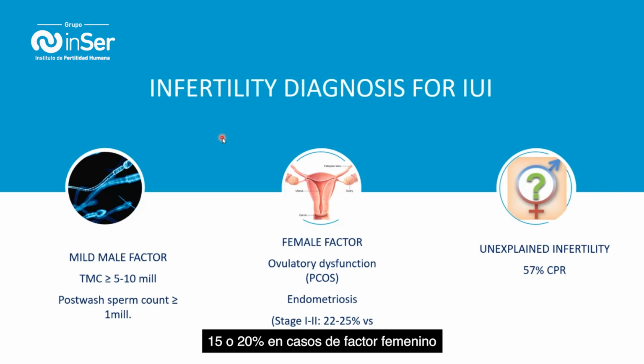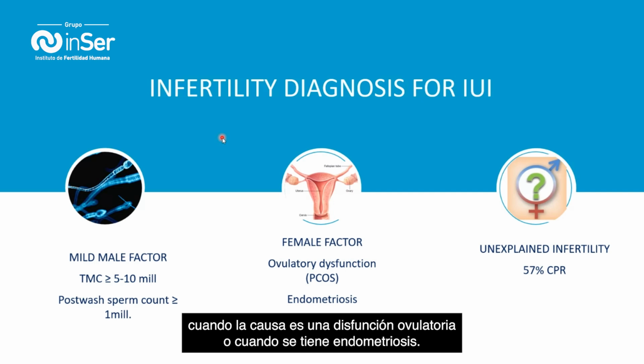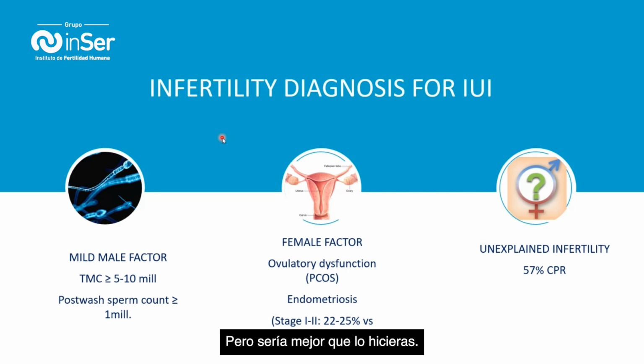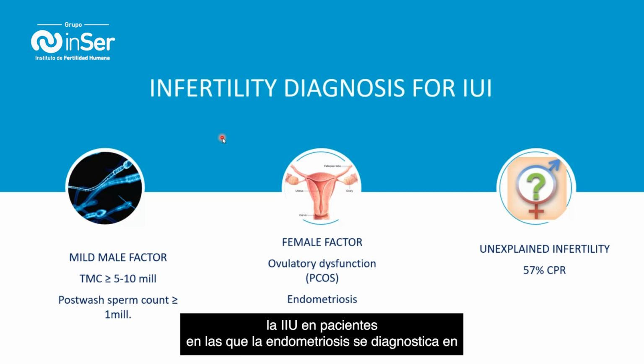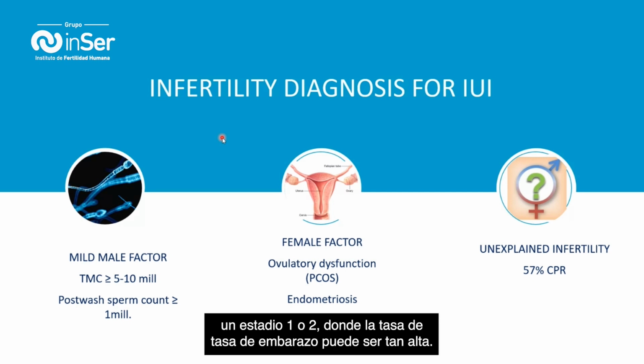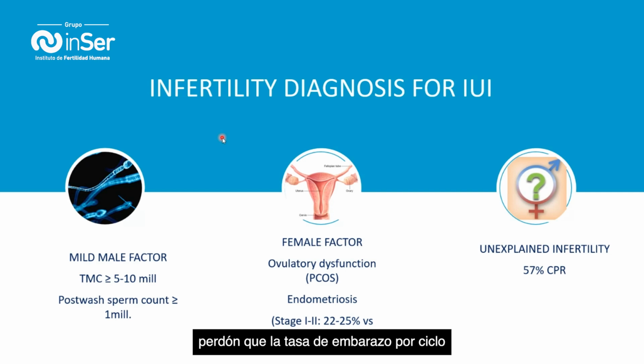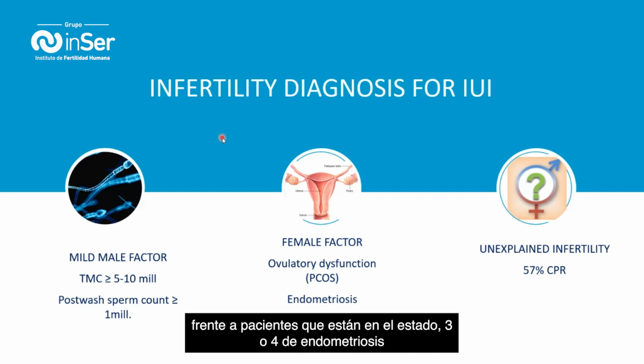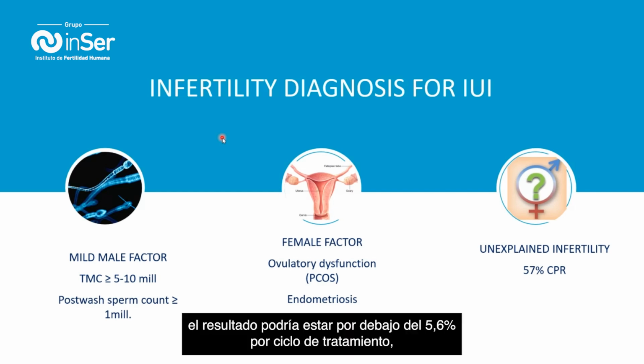In cases of female factor, when the cause is ovulatory dysfunction or when you have endometriosis. But it would be better to do the IUI in patients where the endometriosis is diagnosed at stage 1 or 2, where the pregnancy rate per cycle can be as high as 22 to 25%, versus patients in stage 3 or 4 of endometriosis, where the result might be below 5.6% per cycle of treatment.